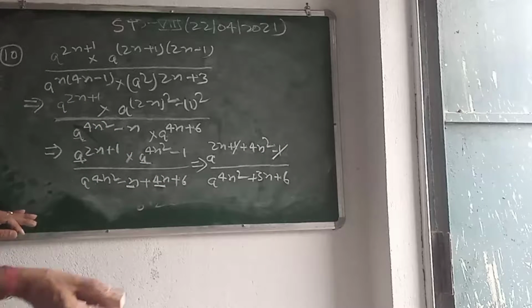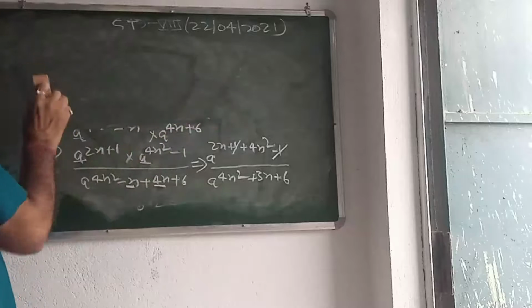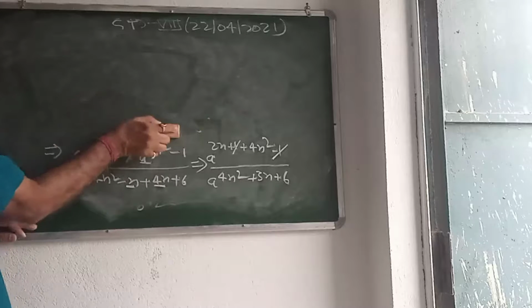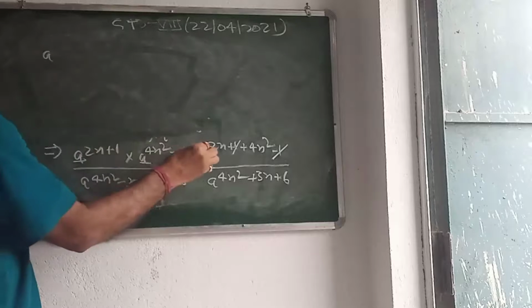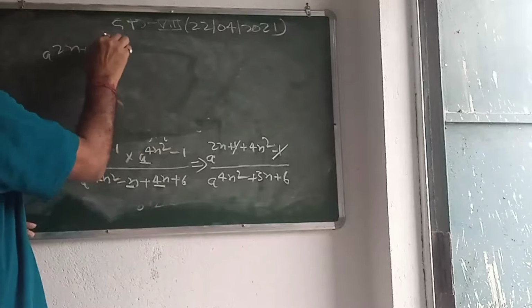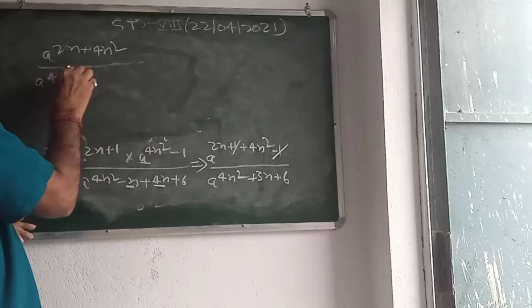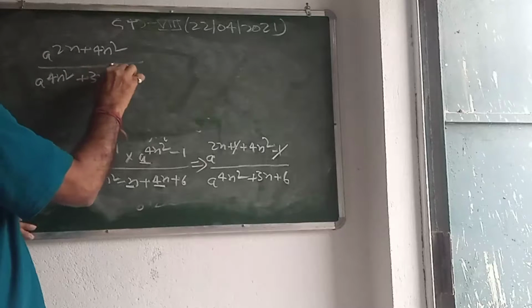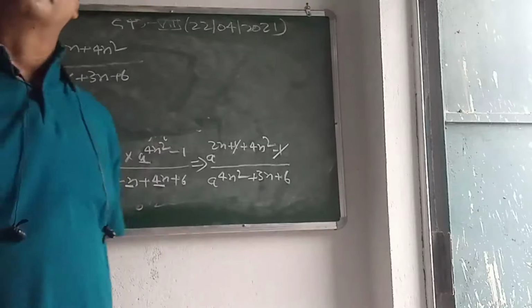Right? What is left? Left here is a to the power 2n plus 4n square, and here left a to the power 4n square plus 3n plus 6. Now same base and division sign is there.